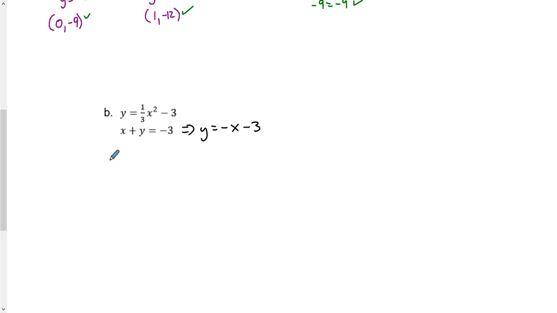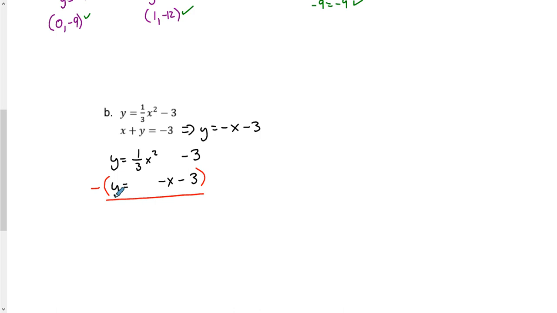Now that I have that, my top equation is y equals 1/3 x squared minus 3. Actually, sorry, I'm going to do a little bit of a rearrangement here. The bottom equation now reads as y equals negative x minus 3. So let's eliminate stuff. Let's subtract it.